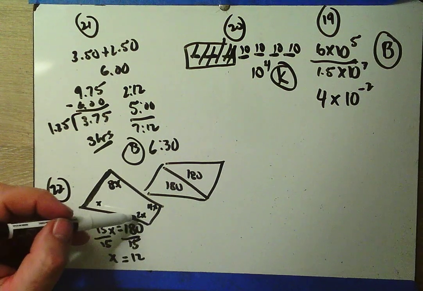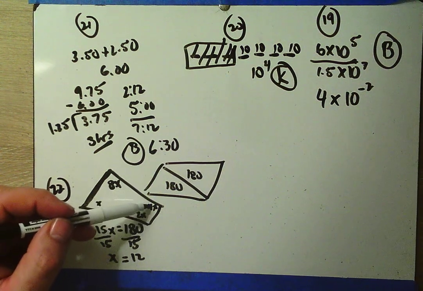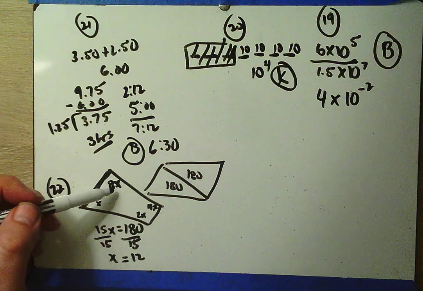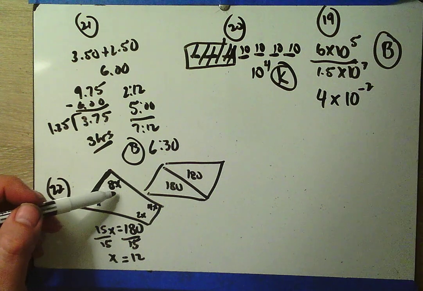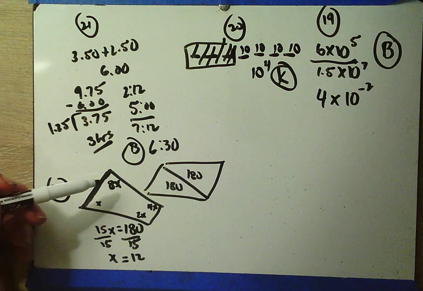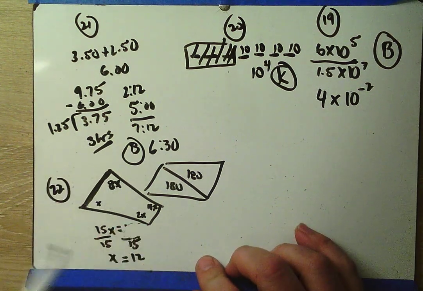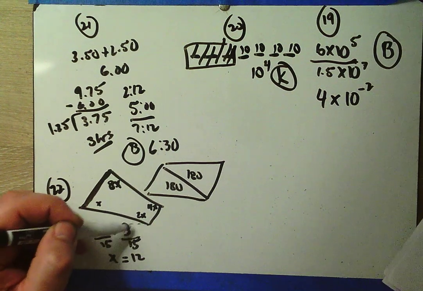12 times 2 is 24. 24 times 2 is 48. And 48 times 2 is 96. I think I want to check that one again. Oh, that's where my mistake is. It's not 180, it's 360.